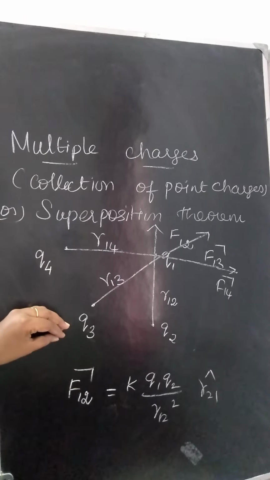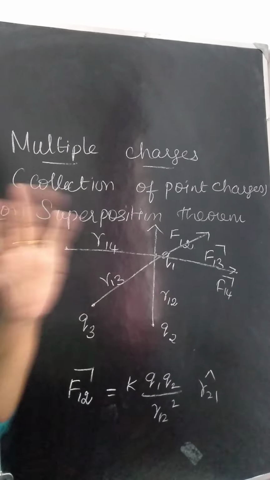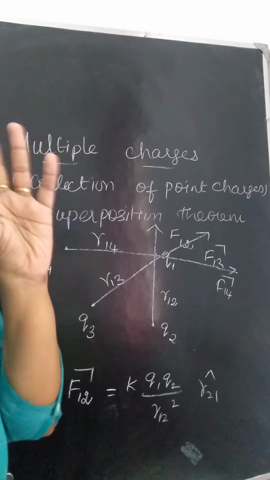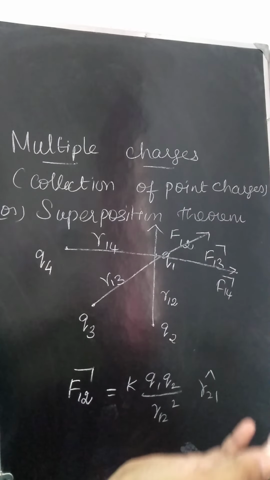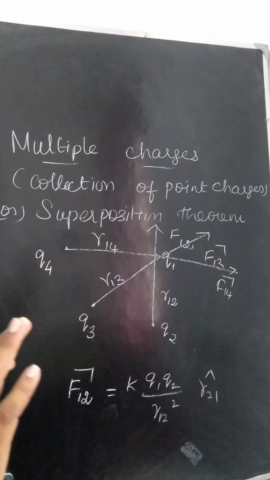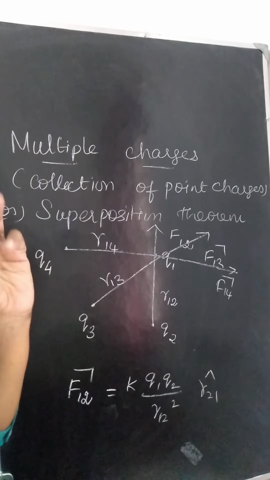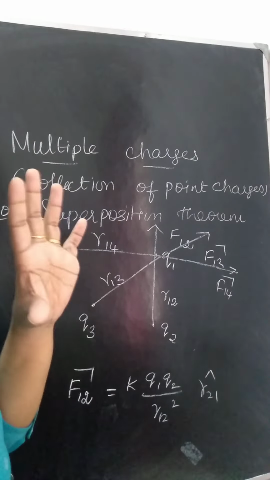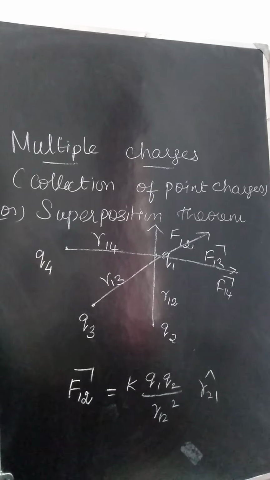Then I am keeping another charge Q3. Q3 also acts on Q1, because I am finding only the forces acting on Q1. In other cases you can take some other charges also, but here what we are explaining is what all the forces are acting on Q1. Q1 experiences a number of forces. This is what we are going to find. Getting?